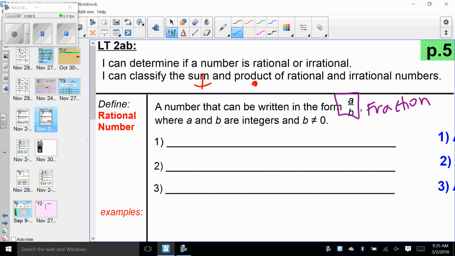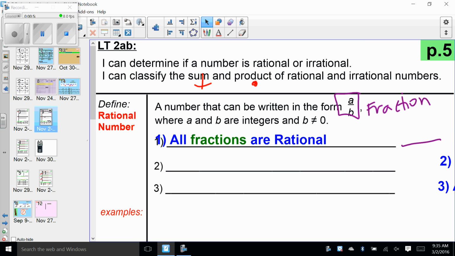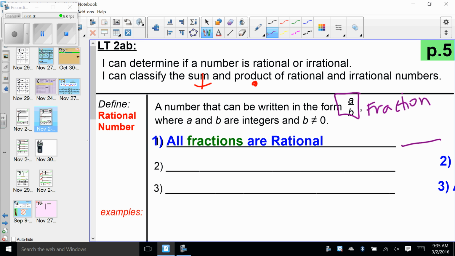So step 1 for our work in rational numbers today is, first of all, fractions are rational because it's actually the definition. Every time you have a fraction, it's rational. That's kind of an easy one to look at because if you have a fraction, you just automatically say, yep, it's rational. As we work through, it gets a little bit more difficult.